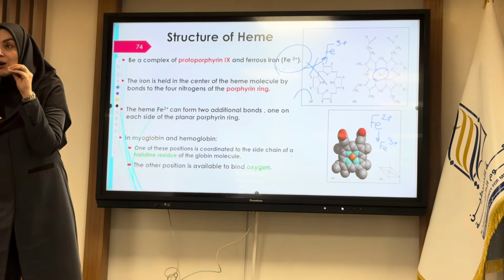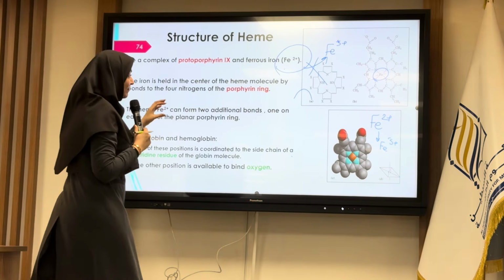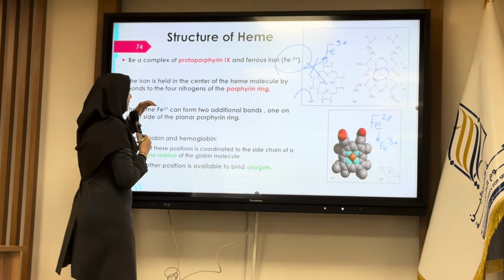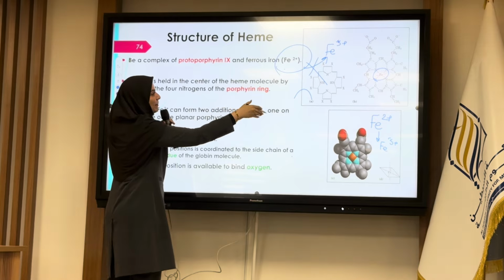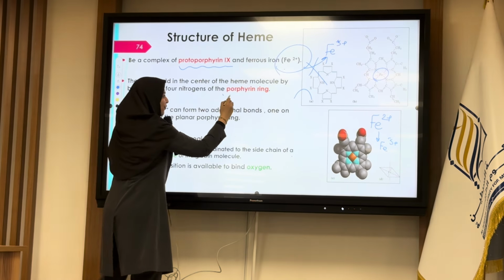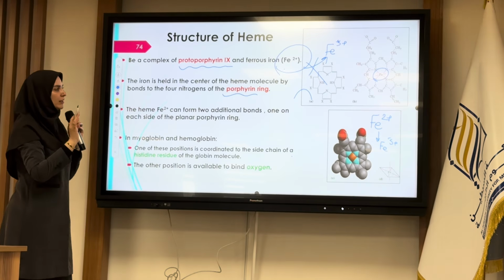So the form of this iron is very, very important, and as I mentioned, it's located in the middle of the structure of the heme. For your level there is no name for this, but just know that. The ring is called protoporphyrin 9, and this is a porphyrin ring, okay? Inshallah, during the metabolism of nitrogen molecules, you will become familiar with it.